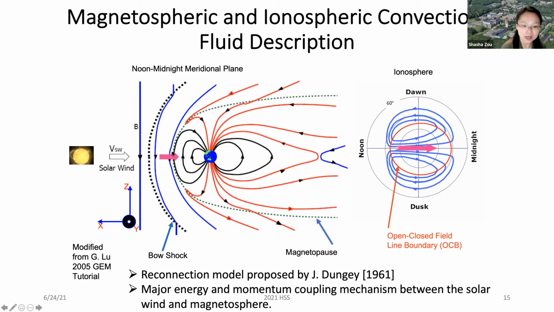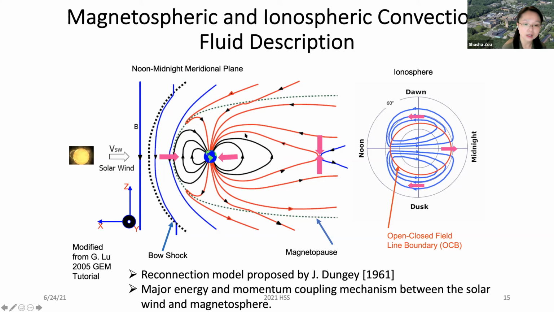They open the field lines, and then the solar wind will carry the open field line to the night side, where those magnetic fields can meet again and reconnect. This is what we call the night side reconnection. After the night side reconnection, the newly generated closed field line will drift towards the Earth and eventually return back to the day side, so finishing a complete circulation.